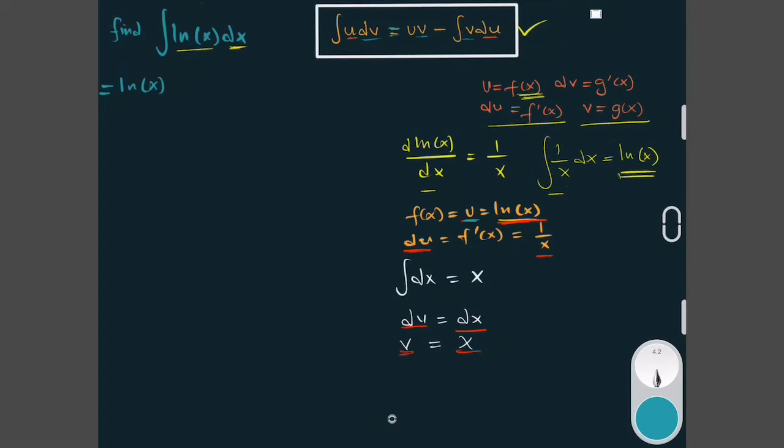And we know v, we're following this equation. We know v is equal to x. So we have the natural log of x times x minus the integral of v, which is x, and du is f prime of x, which is 1 over x, times 1 over x dx.